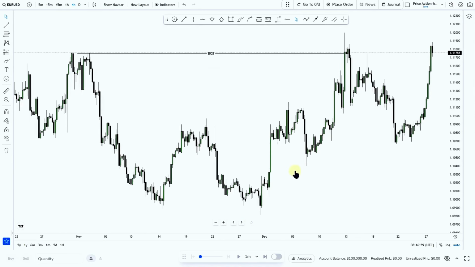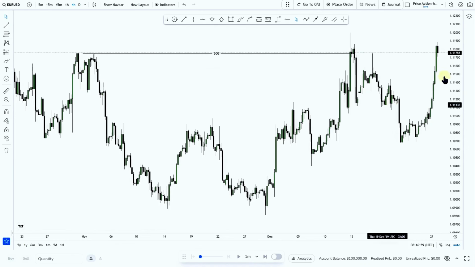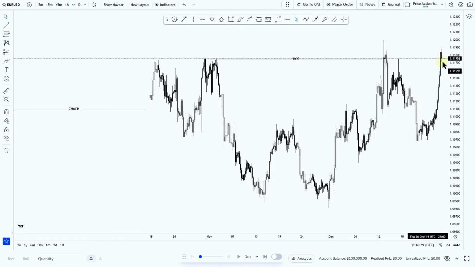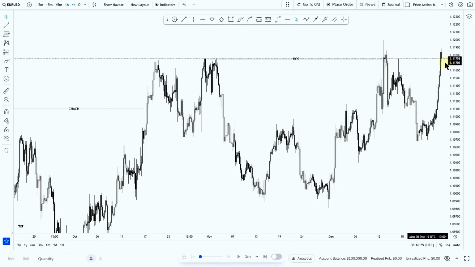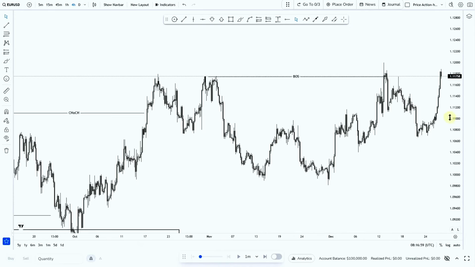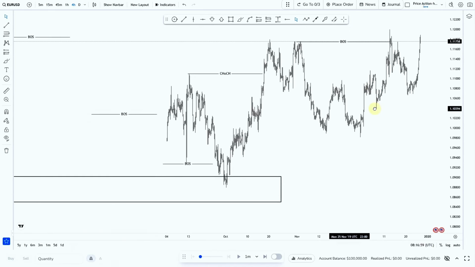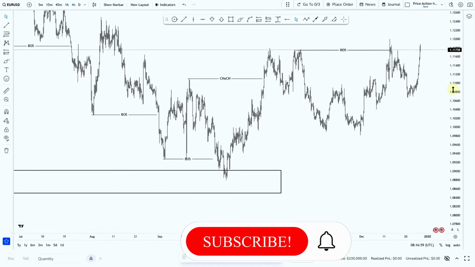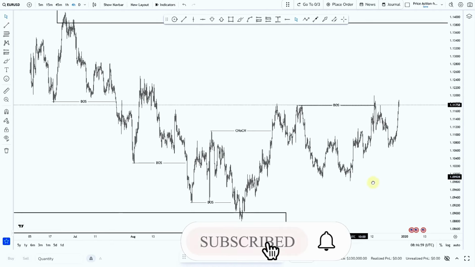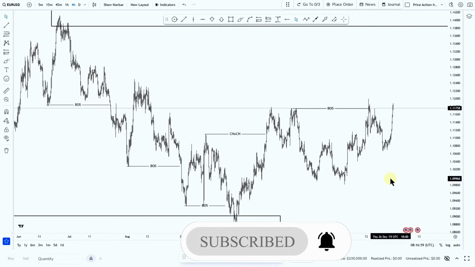The daily break of structure and change of character areas are key technical reactions we care about. So we mark those zones clearly and treat them as our area of interest. These are the zones where the market is most likely to react, not random levels, but places where real decisions are made.